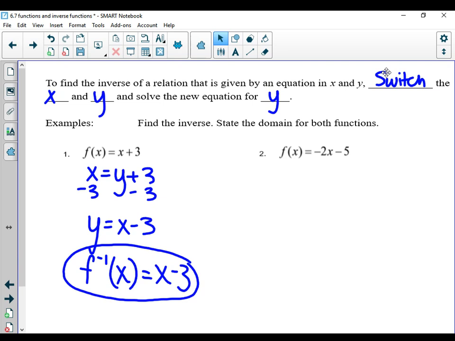Absolutely, negative infinity to positive infinity. It goes on forever and includes every x value that I need it to. Same thing goes down here. It is also linear, so it's going to be all real numbers. Go ahead and try number 2. Go ahead and find the inverse of that.